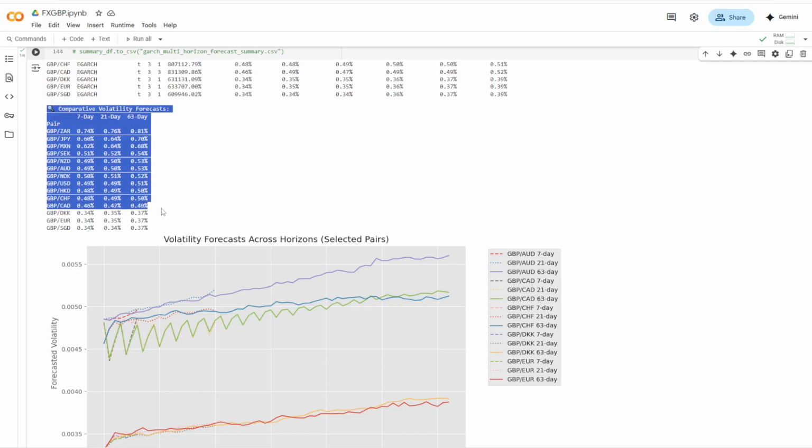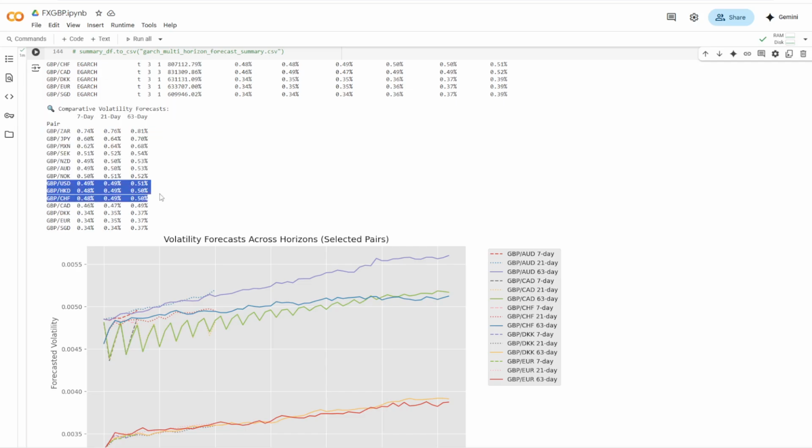And comparative forecast. The cable has an average vol of 0.5%. Pound yen has average vol between 0.6 and 0.7. Pound South African rand is 0.74 to 0.8. Pound Mexican peso also is interesting, 0.62, 0.68.